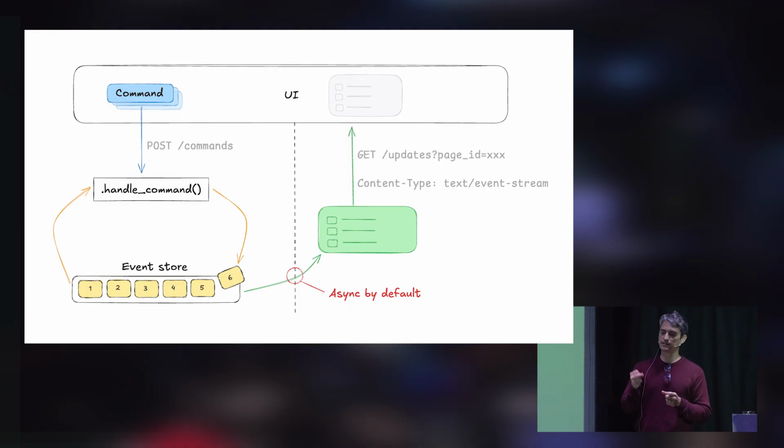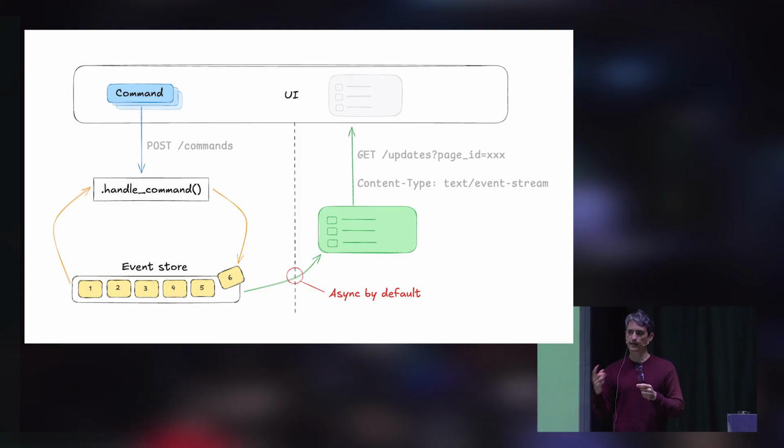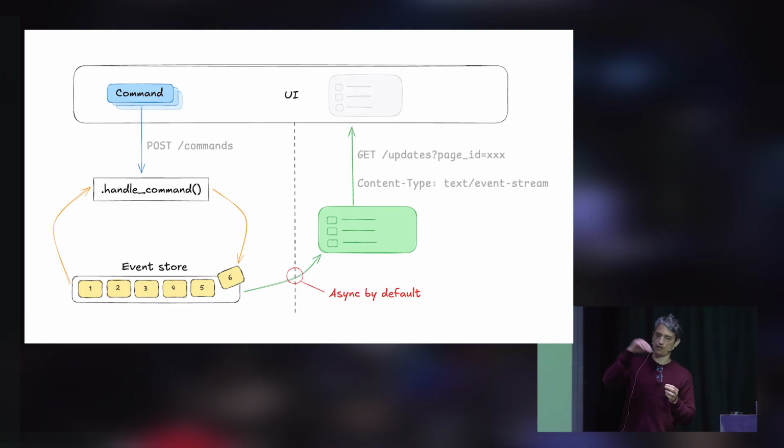That connection just sits there, connected to the particular page on the browser, listening to relevant events coming from the backend. As those events come to that web handler, they decide what bit of HTML to render and send back down the connection to the browser. And then the browser just merges those fragments into the UI seamlessly.